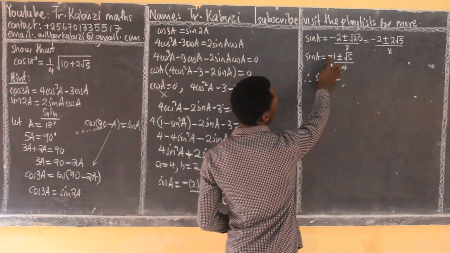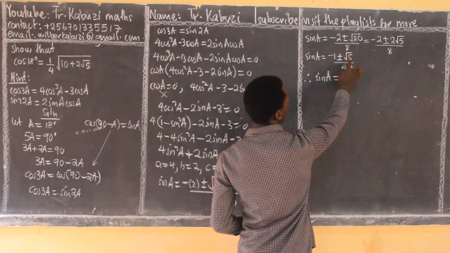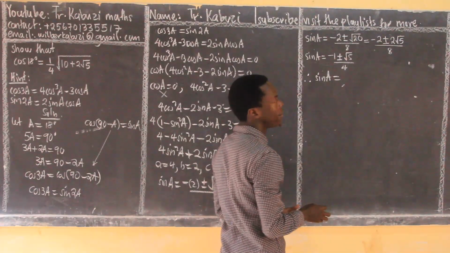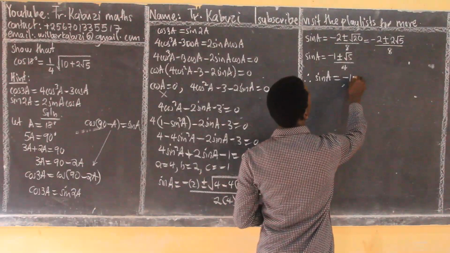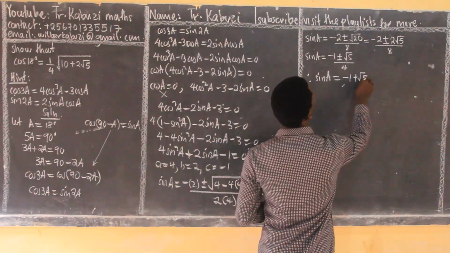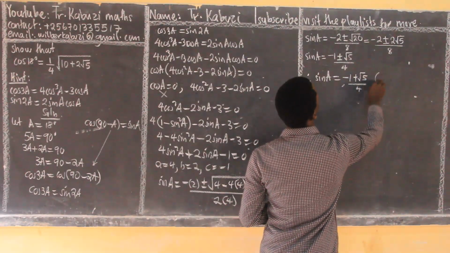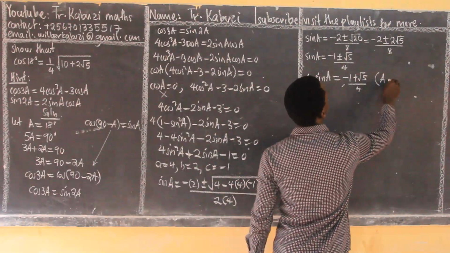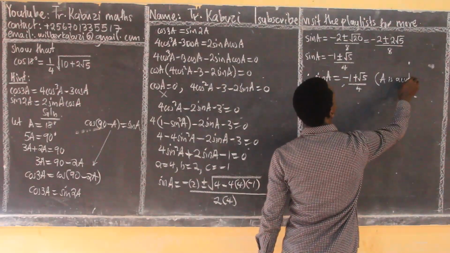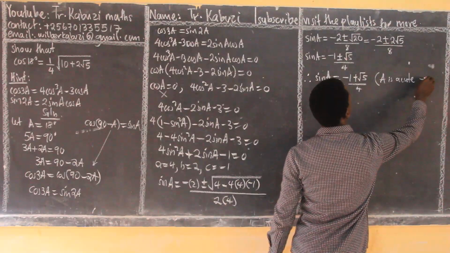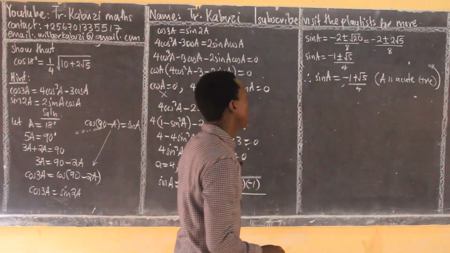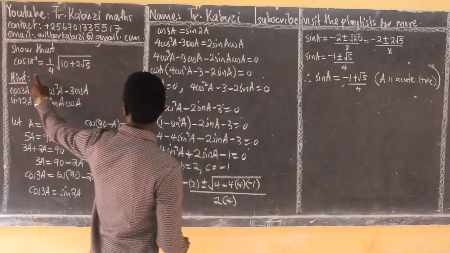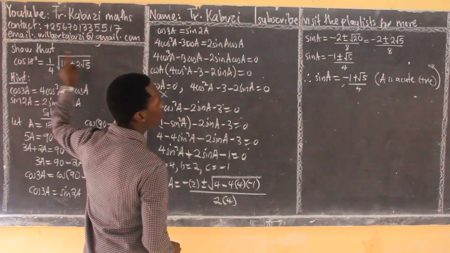So I should take minus 1 plus root 5, because root 5 is greater than 1, that will mean I'm going to get a positive, the whole over 4. Why? Because our A is acute. In simple terms, positive.